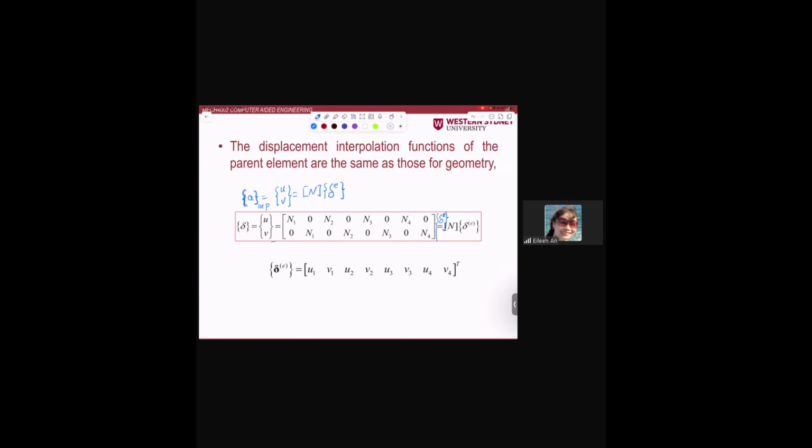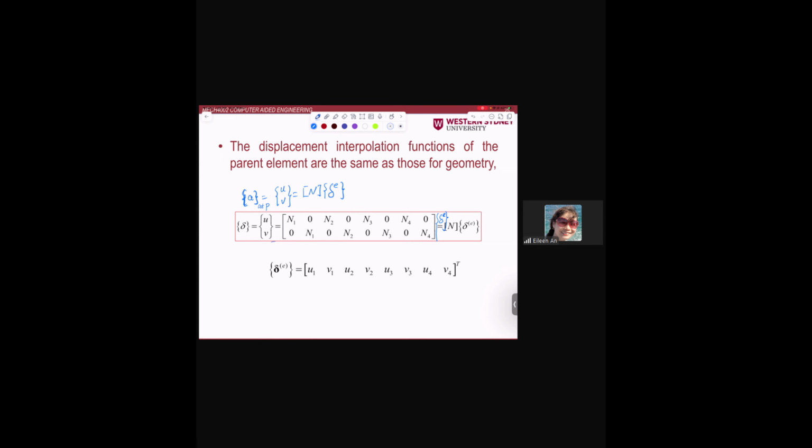To calculate the displacement matrix at a point, for example at point P, we need to use the shape function times the node displacement matrix. But the shape function is actually a function in terms of variables s and t, right?